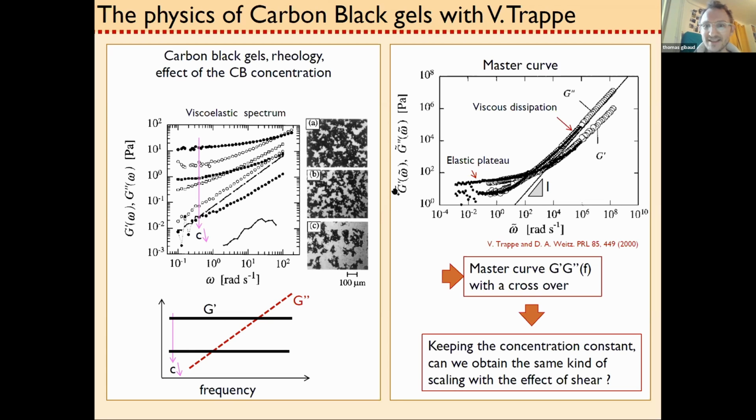And when you understand that, you can do the scaling of all this data, and you see you have this master curve, where here you have a slope of 1 telling you that this is really the viscosity, and here you have the elastic plateau. And so the question, keeping the concentration constant now with a shear protocol, can we have the same kind of scaling with shear?